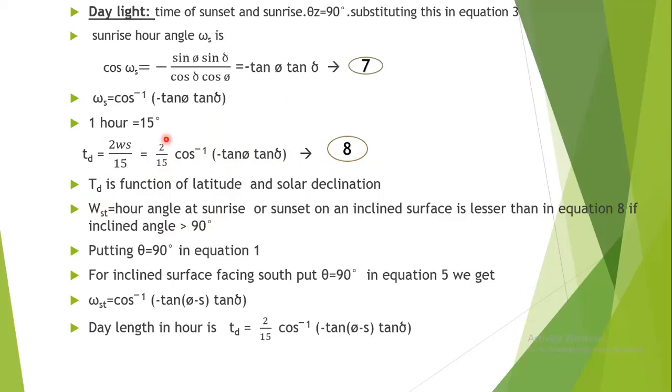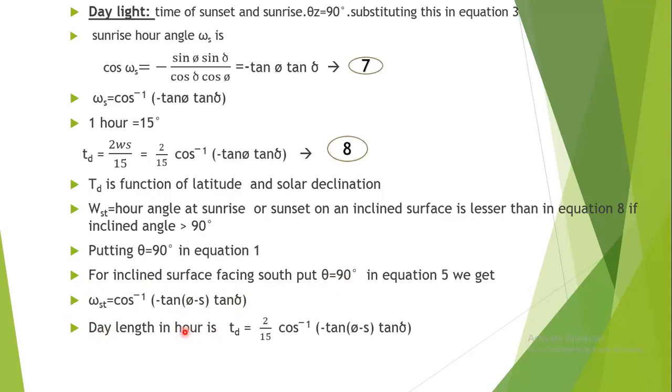Under this condition we put theta equal to 90 degrees in equation 1. For an inclined surface facing south, we substitute theta equal to 90 degrees in equation 5, and we get omega ST, the hour angle at sunrise or sunset, equal to cos inverse of minus tan (phi minus s) tan xi, where s is the slope. The same hour angle of sunset or sunrise is converted into day length in hours.